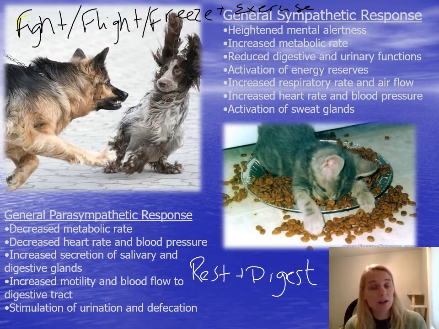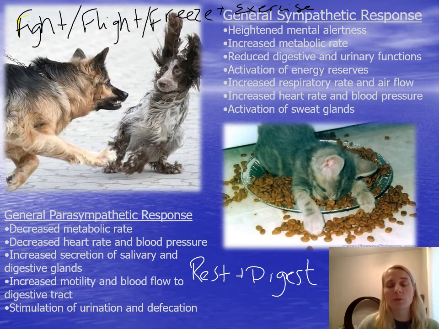But then, because we're not in this crisis mode, we can tone down our skeletal muscle and brain function and ramp up those other things like digestive function, urinary function, secretion of salivary glands and digestive juices, increase of smooth muscle contractions along your digestive tract to keep things moving. And you'll have an increased inclination for urination and defecation as those digesting and blood filtering processes are heightened because you are not in an emergency crisis.